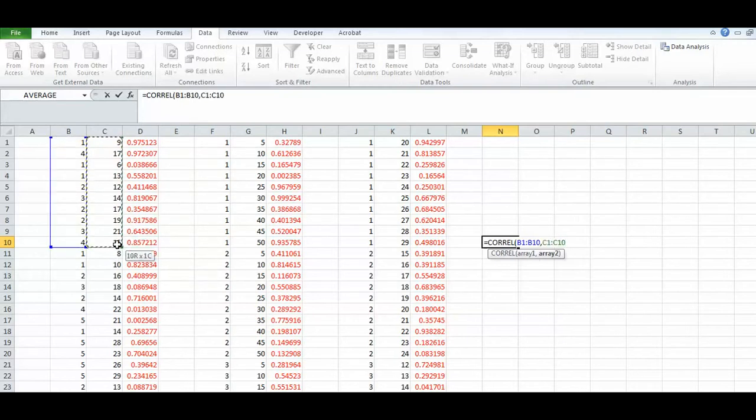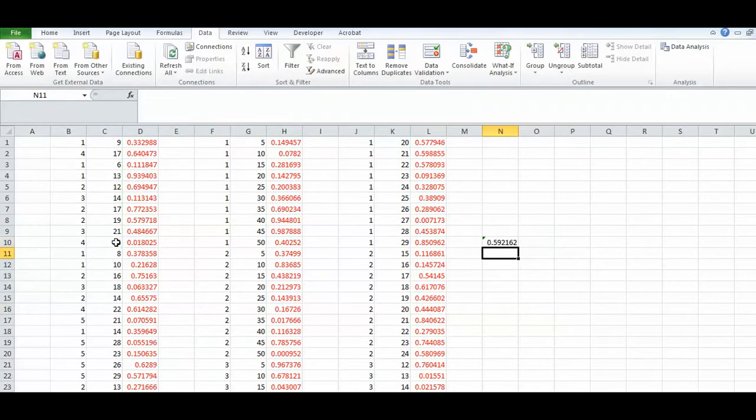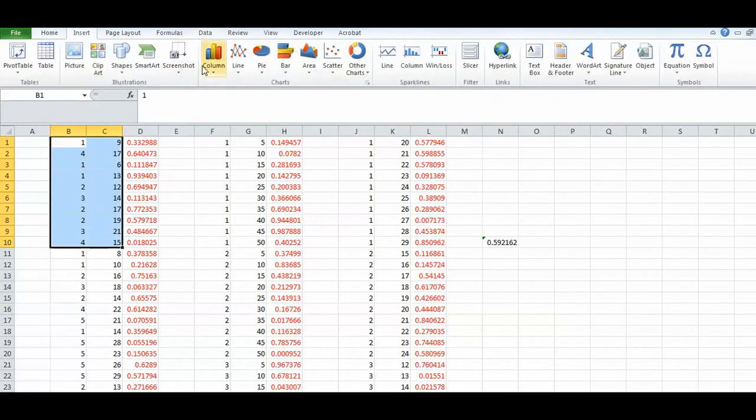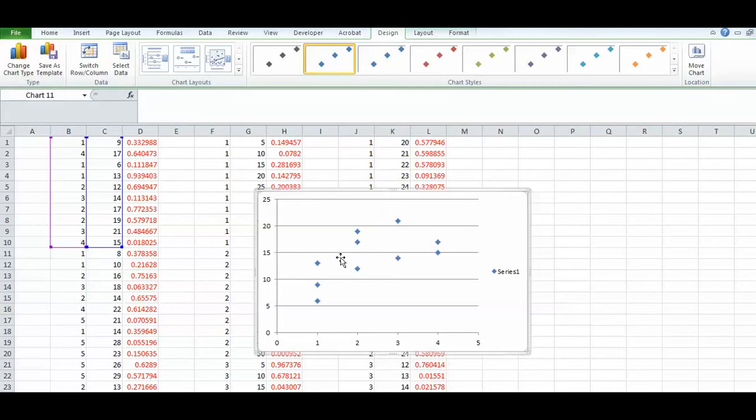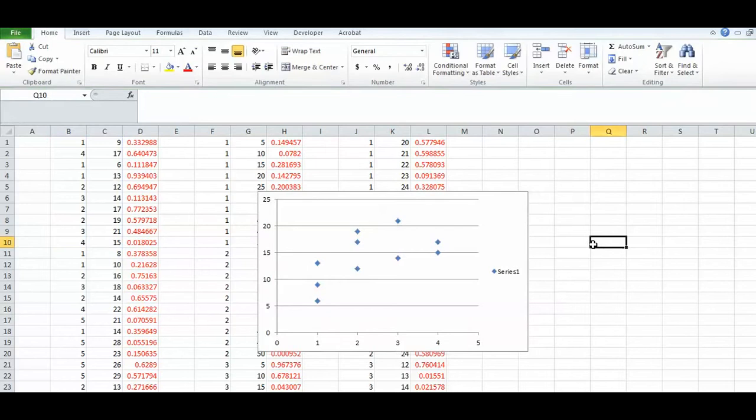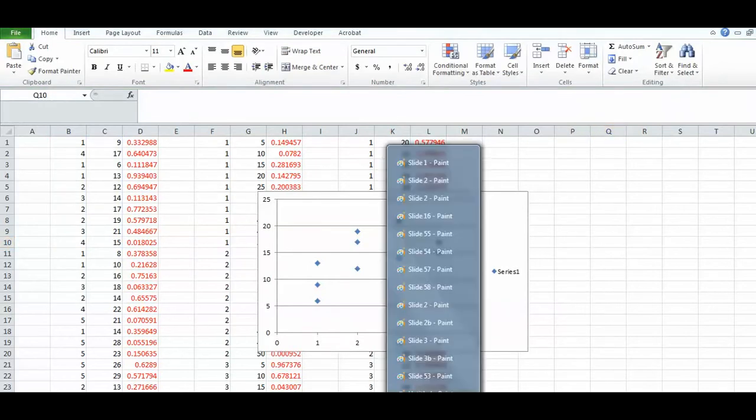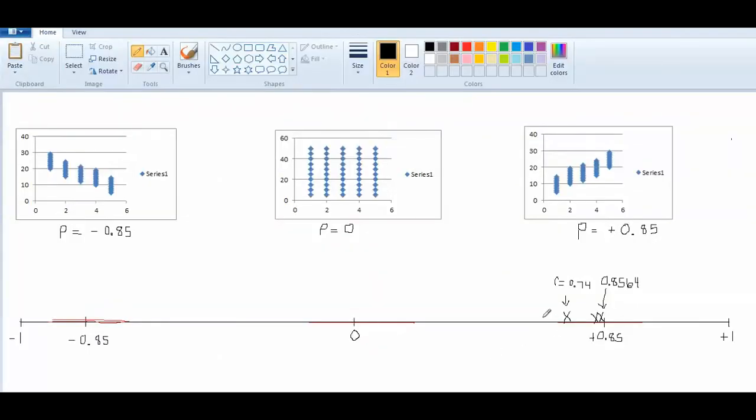This is our sample of 10 selected people. It's 0.59, so it's not quite as strong of a positive. So yeah, it's not as consistent looking. It's a weaker positive. So 0.59 is somewhere down here.